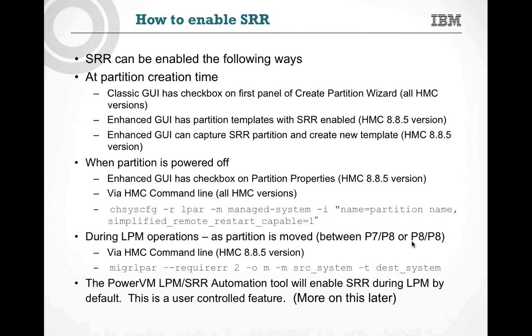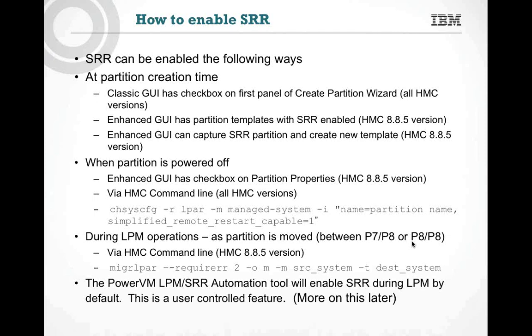Now when a partition is powered off, let me talk about this. Right now this setting isn't really dynamic the way we think of dynamic, but there is sort of a way to do it dynamically. But right now, for anybody that doesn't have the 850 HMC, the only other way to enable it is to power off the partition.